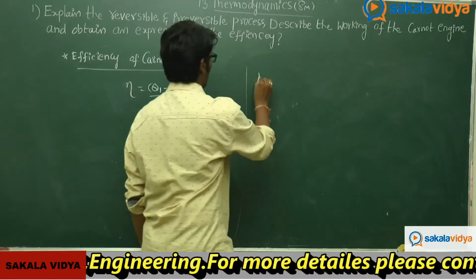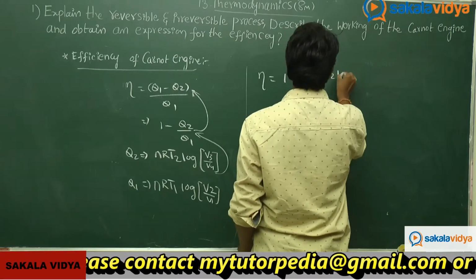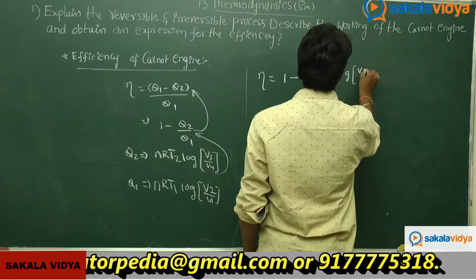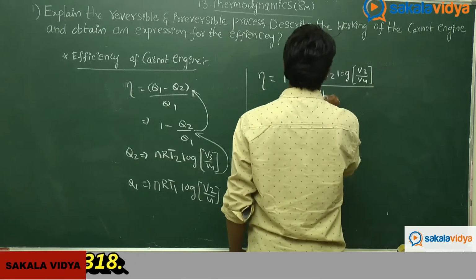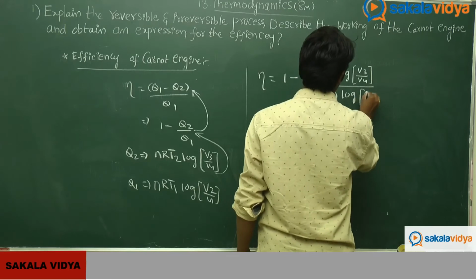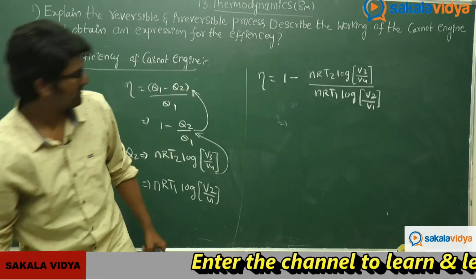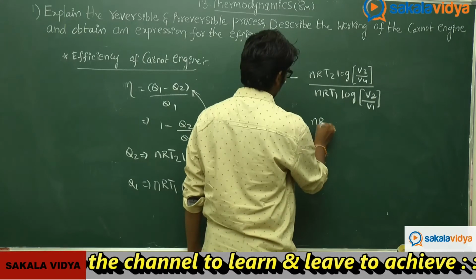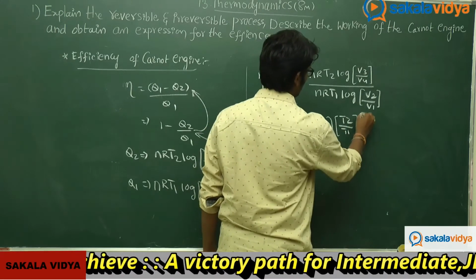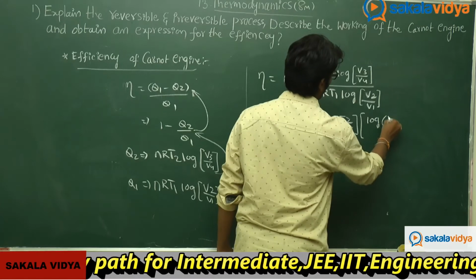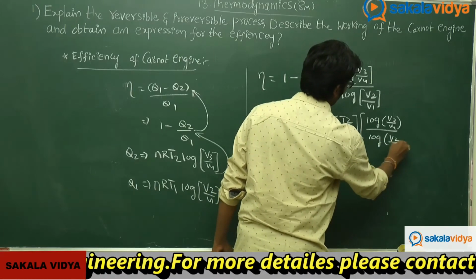So as we know, efficiency is equal to 1 minus, what is Q2? nR T2 log V3 by V4 divided by nR T1 log V2 by V1, which means 1 minus nR by nR into T2 by T1 into log V3 by V4 divided by log V2 by V1.